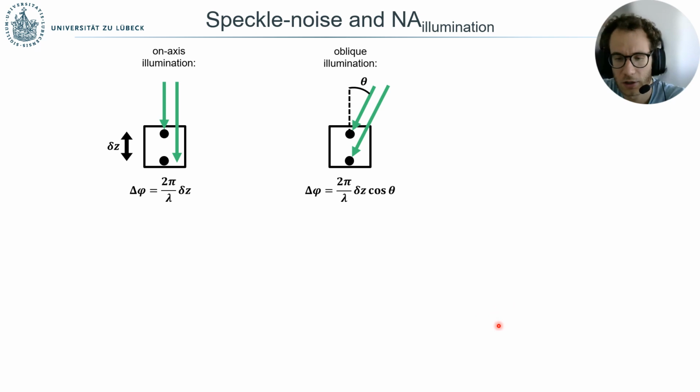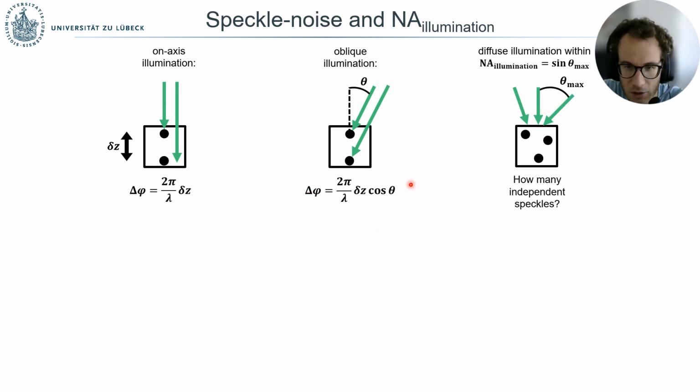Now, the question that made us think a lot was to which extent we could reduce speckle noise. Because if we represent what happens within a voxel and speckle noise in a very simple way, we have scatterers with a different phase shift depending on the position, and then with an oblique illumination, we are changing the angle with which the scatterers are illuminated, so we're introducing a different phase shift, and we will have a different speckle realization.